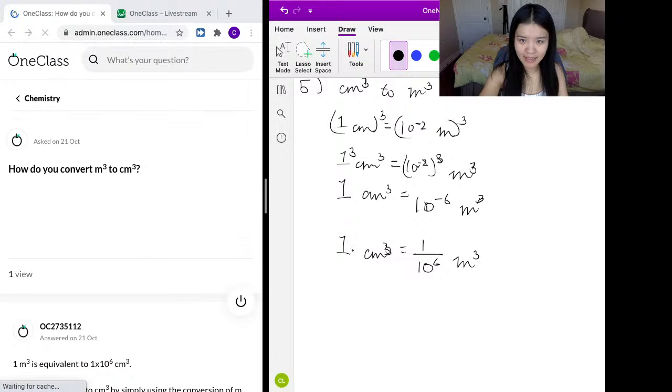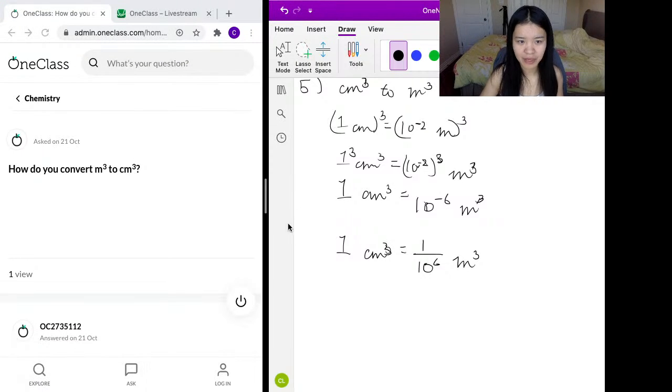It asks us, how do you convert meters cubed to centimeters cubed? So again, we just do the same thing, except we do it the other way around.